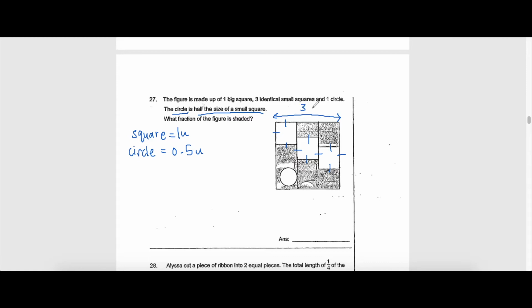Okay, so it's basically 3, and then there's also 3 sides of a square, another 3. So how many small squares is this big square made up of? It's just 3 times 3. Okay, so total are 9 small squares.